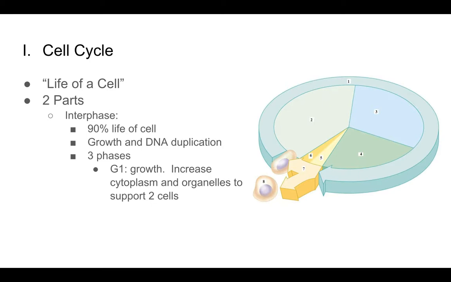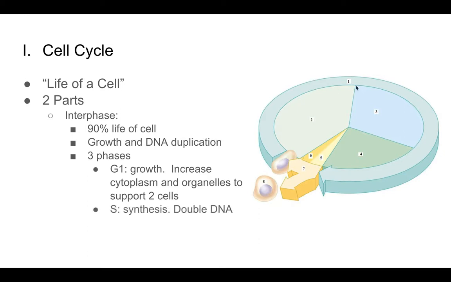And really what we're focusing on here is growing the cell in size and in organelles, because remember, the cell is going to eventually split into 2 cells. So we need more stuff, right? So G1, or growth phase 1, is going to work to increase cytoplasm and also to duplicate organelles.